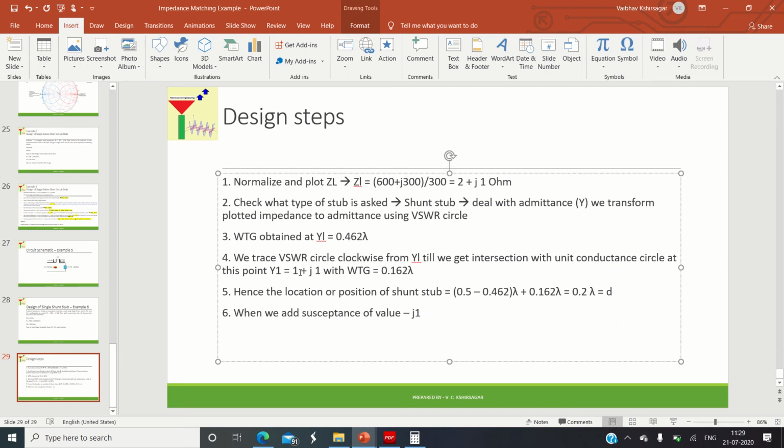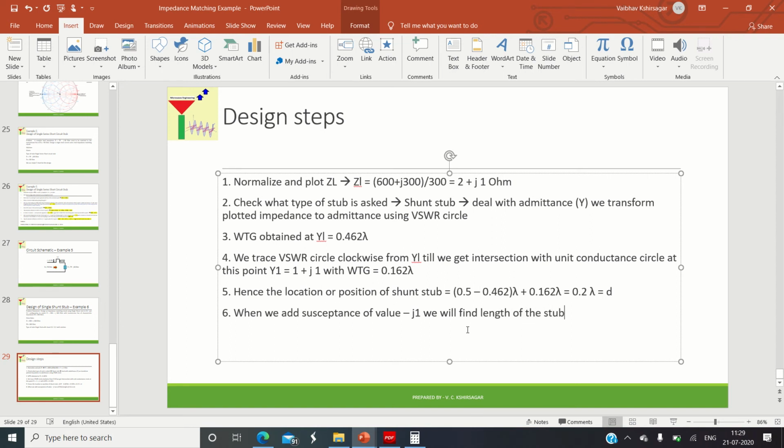Okay, so please remember here, what is the magnitude of susceptance? Plus J1. Okay, if we want to cancel it out, I need to add minus J1 so that the real part 1 only remains. So that is our target. So when we add a susceptance value of minus J1, we will find the length of the stub.